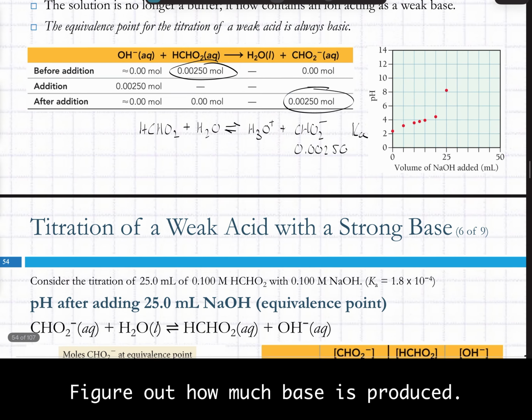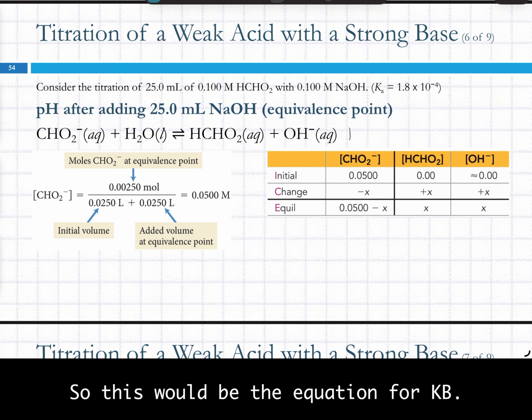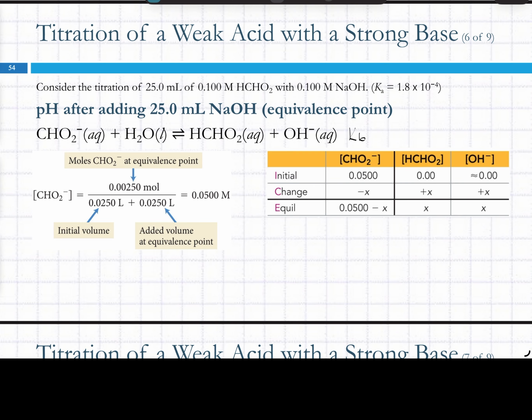Figure out how much base is produced. So this would be the equation for Kb. And we also need things in terms of concentration. So how do I calculate Kb? It's two ways.